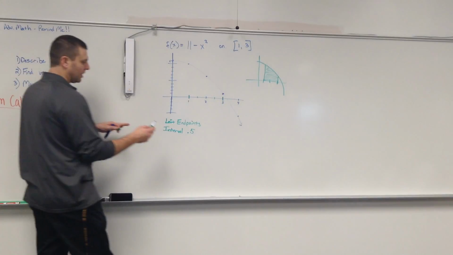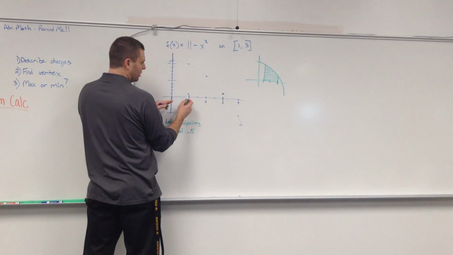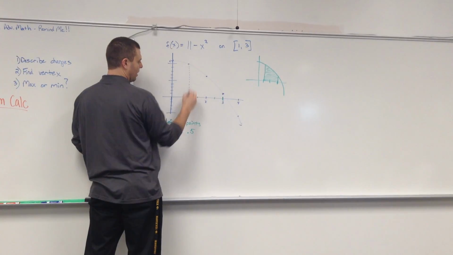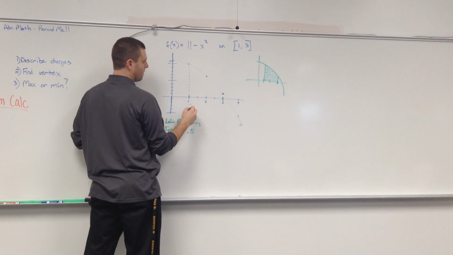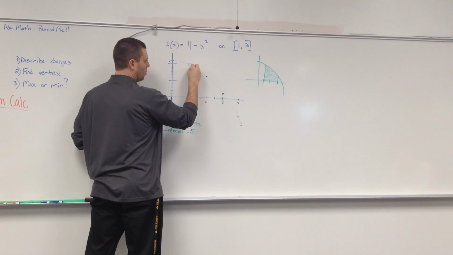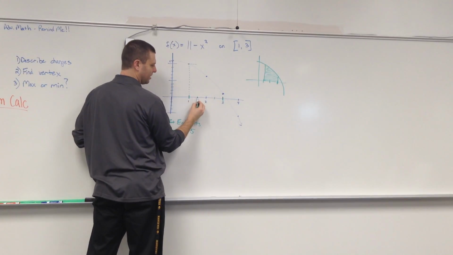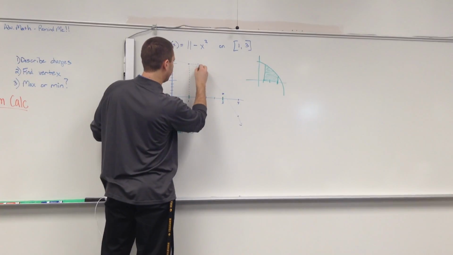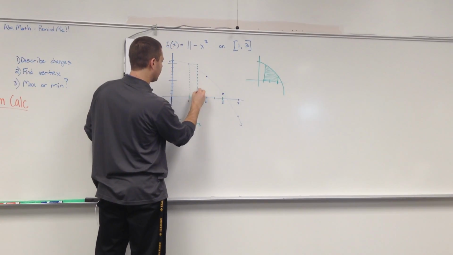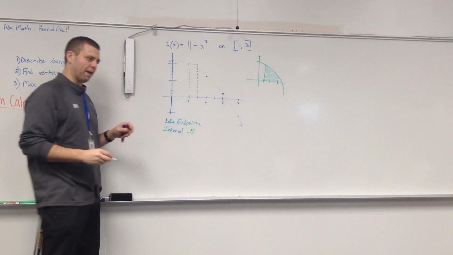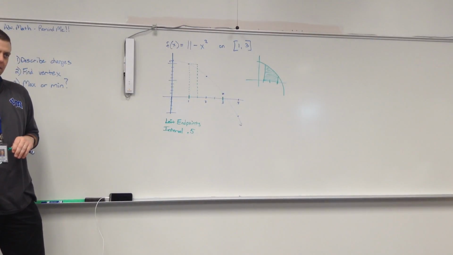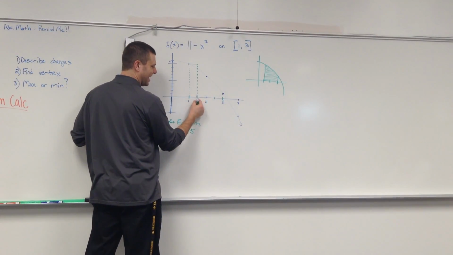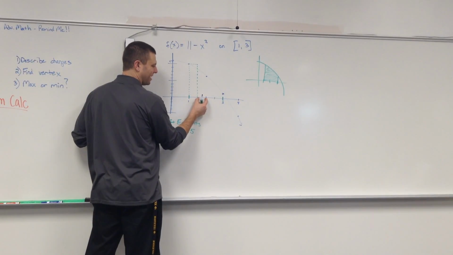So I'm using left endpoints. I'm starting at 1, the furthest left. I'm going to draw up to the graph from 1, and then I'm going to go over until I hit the end of that 0.5 length interval, in other words until I get over here to 1.5. I'm going to find the area of that rectangle right there. Then I'm going to use 1.5 as my next left endpoint on my next rectangle.